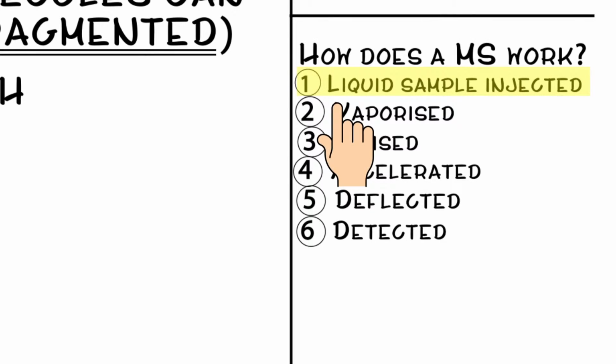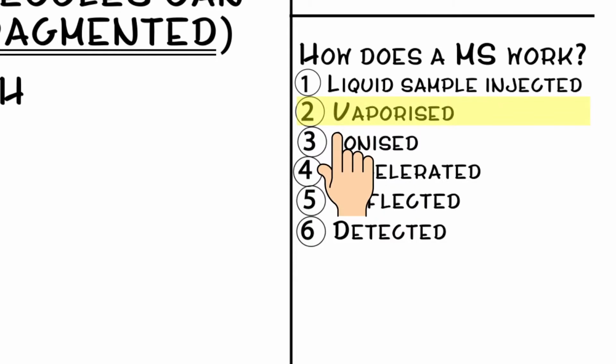Now, what you do is you inject your sample into your mass spectrometer. Normally it's through a syringe, you generally inject it into your machine. Your machine has a built-in oven that can heat up and it can vaporize your liquid sample into a gas. And it's really important because mass spectrometers only work with gaseous samples, so they must be vaporized already if it's not already vaporized.